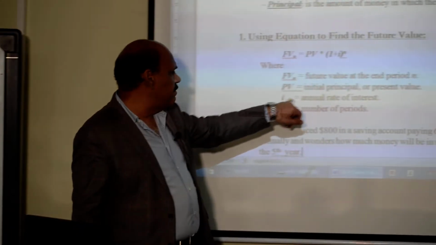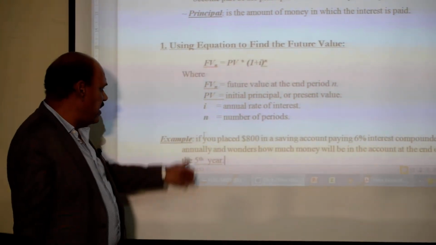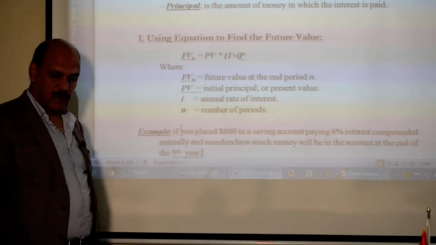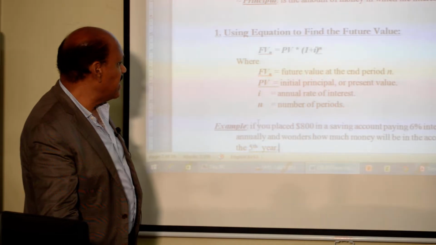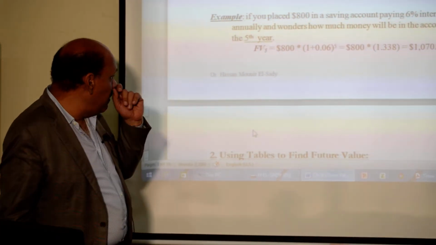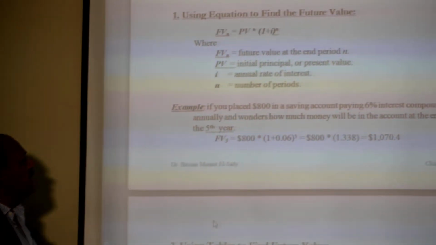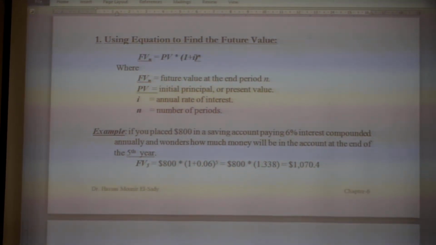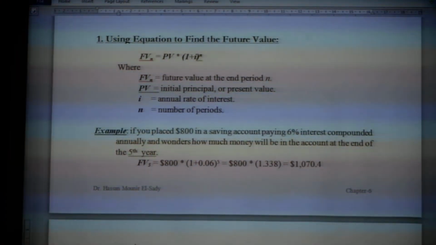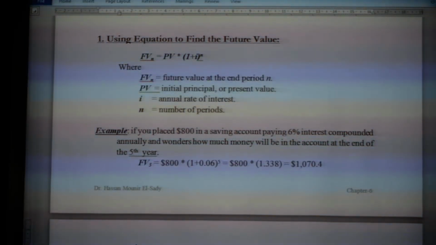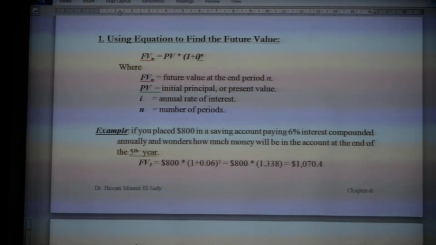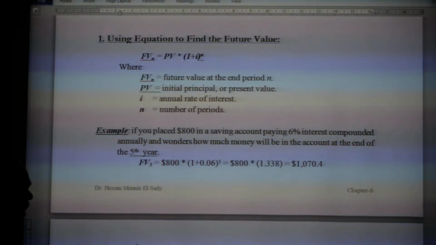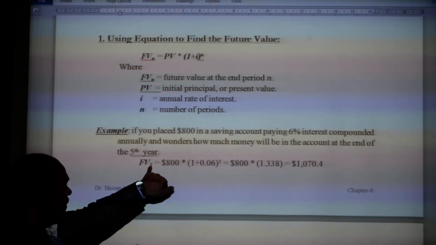So future value, present value, annual interest rate, and number of periods to be used. If we look at this example: what is the future value of 800 placed in a savings account, paying 6% interest compounded annually? You want to know the future value of this 800 after 5 years.